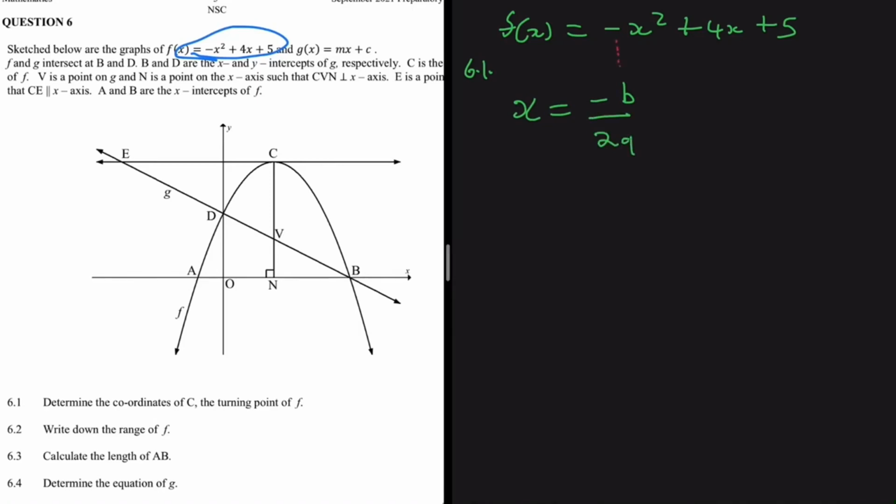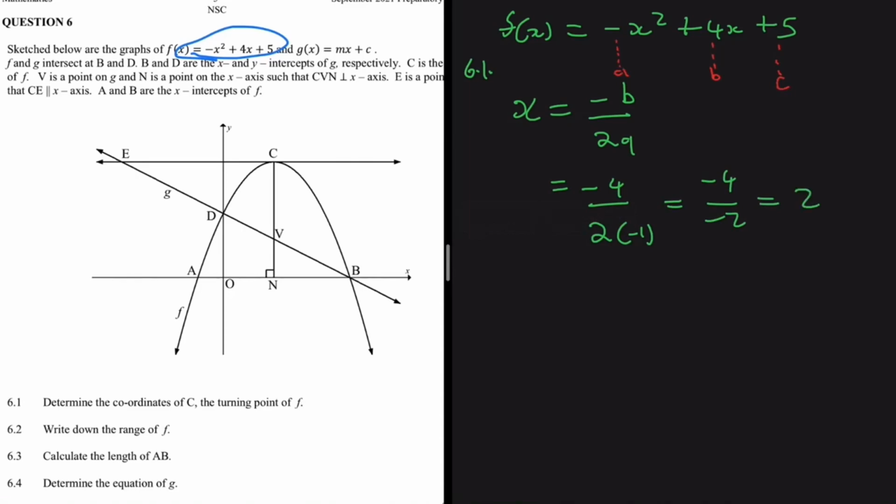We know that minus 1 will be a, 4 will be b, and 5 will be c. If we substitute that in, we get minus 4 divided by 2 times a, and a is minus 1, so this will be minus 4 divided by minus 2, which equals 2. So our x value for the turning point is 2.